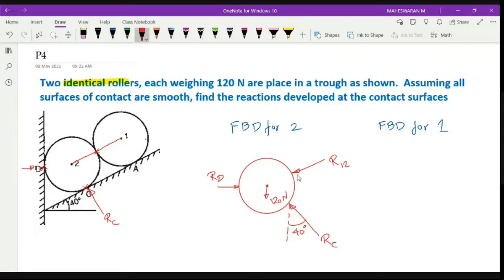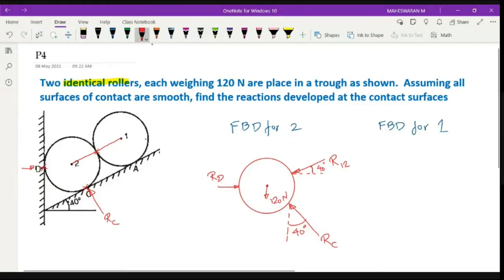What is the angle of R12? 40 degrees with horizontal. The surface is parallel to this, which means if this is 40 degrees with respect to horizontal, this is also 40 degrees with respect to horizontal. This is the free body diagram for sphere 2.